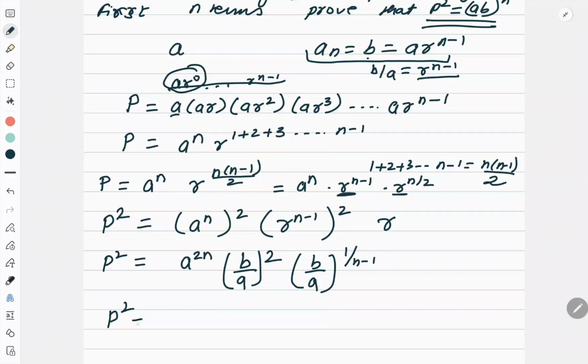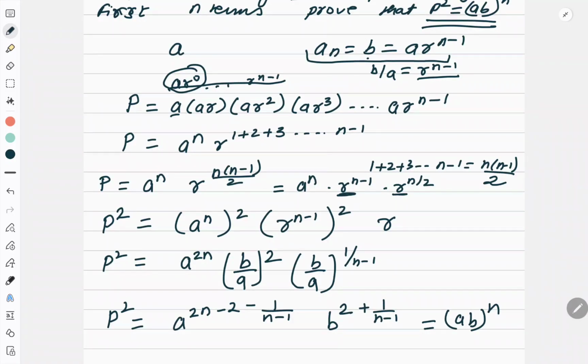So p square is equal to a to the power 2n minus 2 minus 1 upon n minus 1. And here the second term will become b square plus 1 upon n minus 1. And when you solve this, you will get ab to the power n.